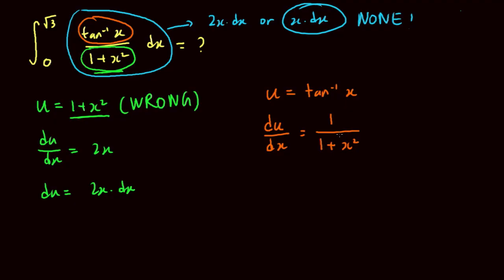So our du is simply dx over 1 plus x squared.